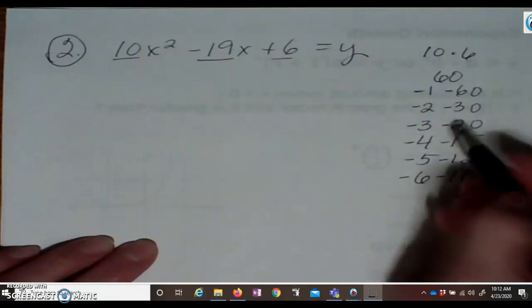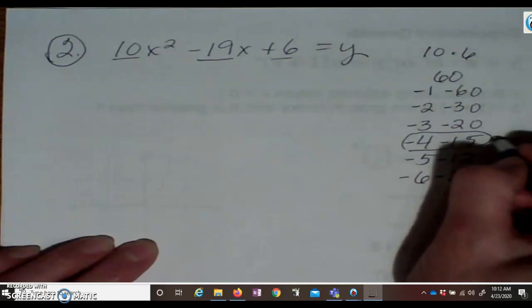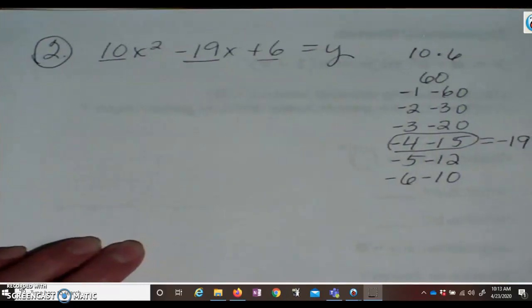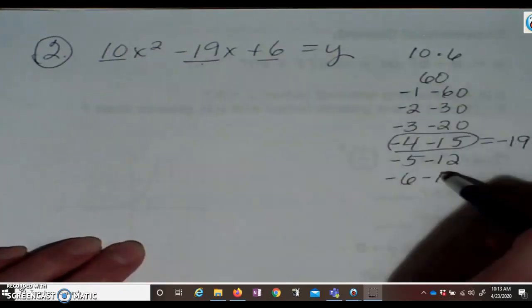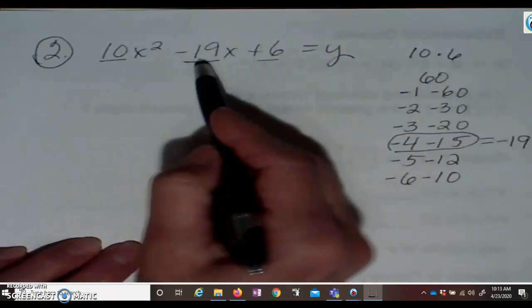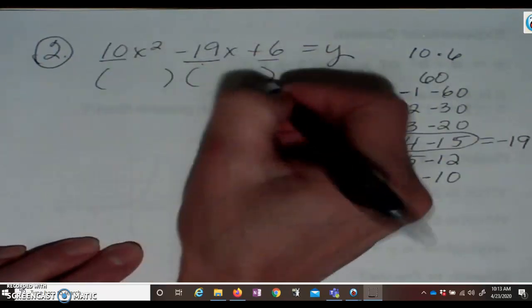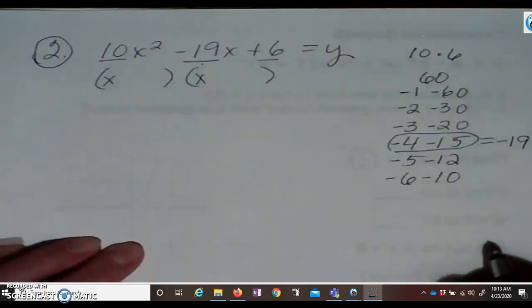So when I look right here, negative 4 and negative 15, that's going to give me my negative 19. Okay, so I need a negative 19 middle term. When the factors add up to be the middle term. All right, so now I'm going to do my two sets of parentheses. Again, my variable is x. X times x gives me the x squared for my first term.